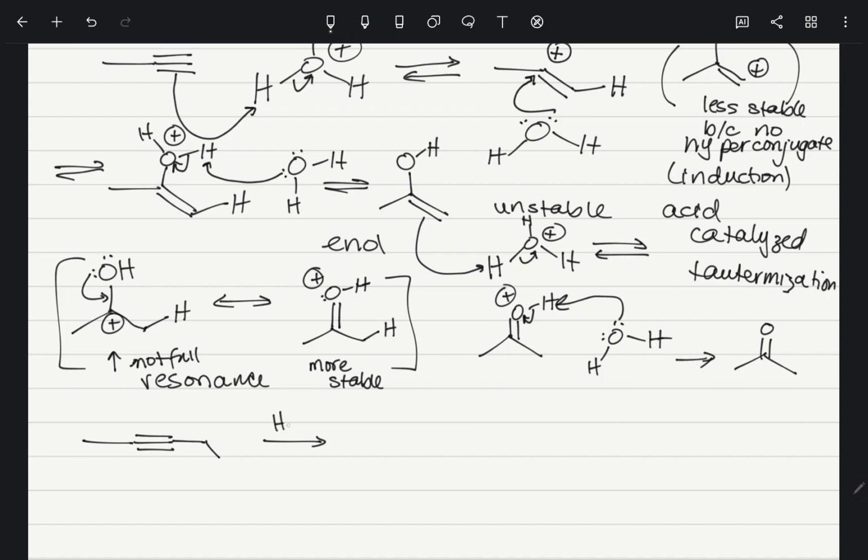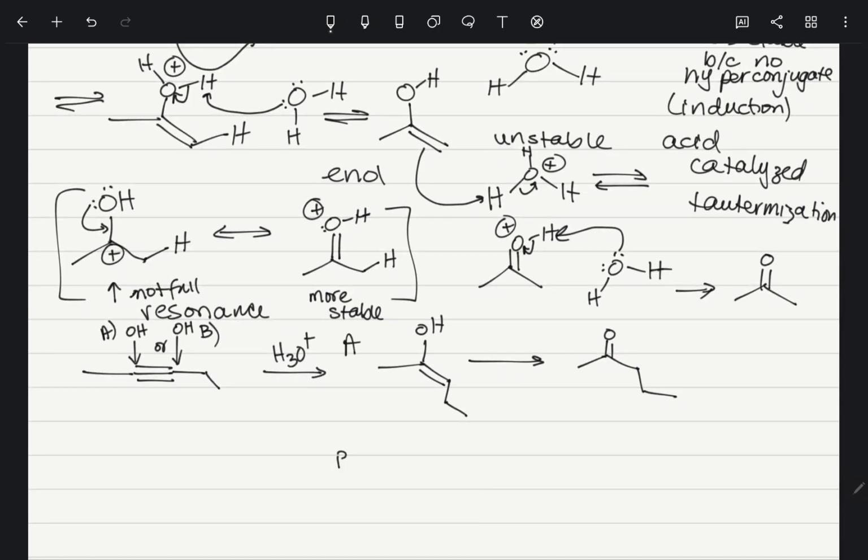In that same process, I can either have my OH added here, or my OH can be added here. So I'm going to draw both. This is not a mechanism at this point, but if my OH added, I'm going to say A or B. So A and B. If my OH added in position A, when this tautomerizes, my ketone is going to be in that position.